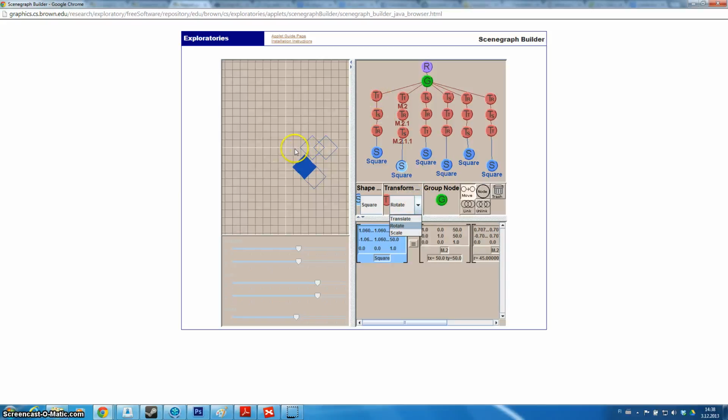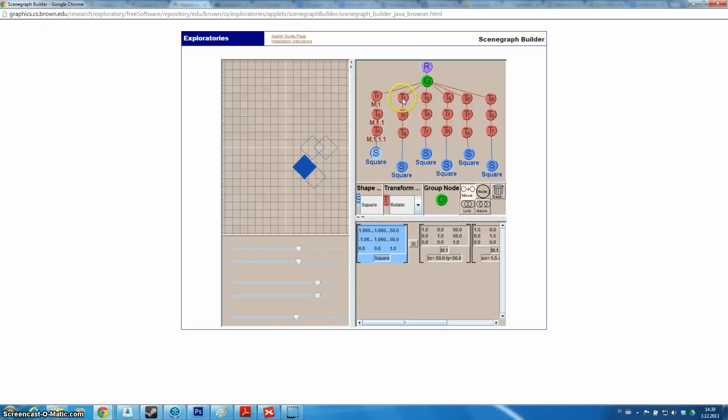It changes first the direction. Position is better, yeah, and then scale, and then rotate.